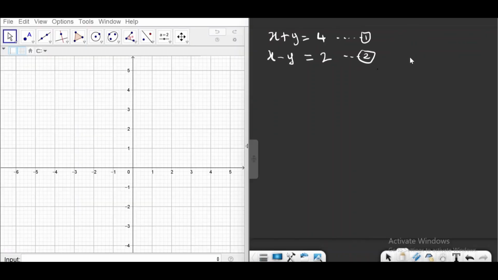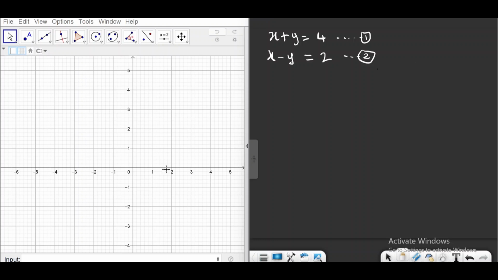So in this tutorial, we are going to take you through a step-by-step solution on how this can be achieved. First, we are going to change each of these equations into a form that will help us to draw a straight line. That form is called gradient intercept form.